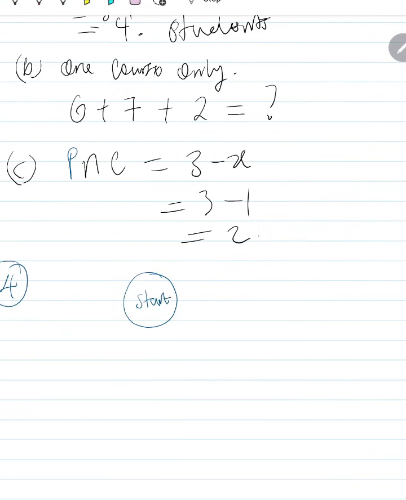So okay, they start ABCD, then draw the corresponding flowchart for the information given above. Okay, 5 marks.